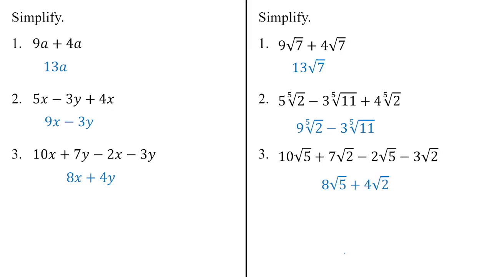Well, in a similar case, we have 10 times the square root of 5 plus 7 times the square root of 2 minus 2 times the square root of 5 minus 3 times the square root of 2. We combined the square root of 5's and the square roots of 2. Therefore, you end up with 8 times the square root of 5 plus 4 times the square root of 2.